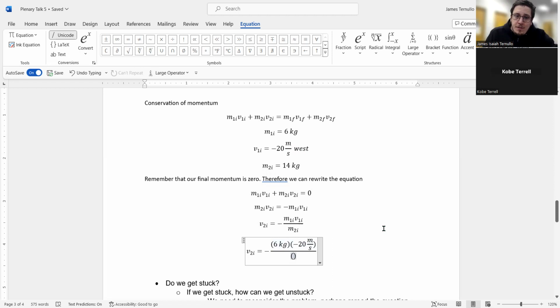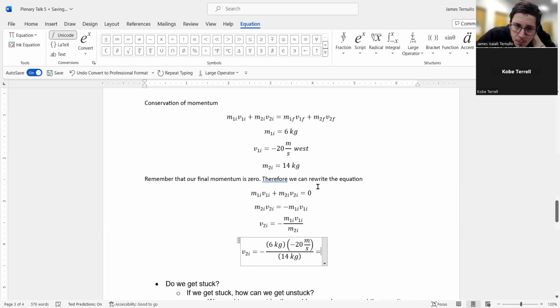So now in the denominator, we have our second object's initial mass, which is 14 kilograms. So now we see here that we have a velocity on our left-hand side, and the units of velocity are meters per second, or length per time.